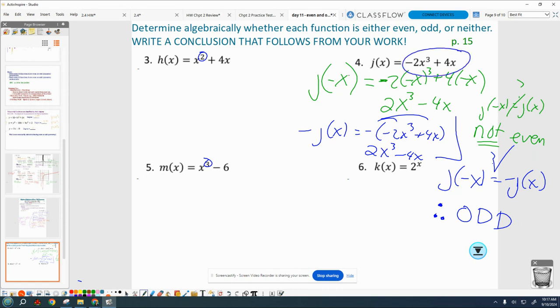Is the original thing equal to that? No. So when we did the negative j of x, we asked if it's equal to this guy. That's what we're checking. And 2x cubed minus 4x, 2x cubed minus 4x, dead on the same, therefore it's odd.